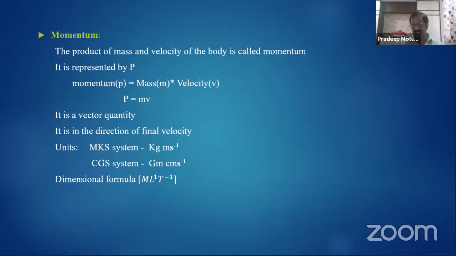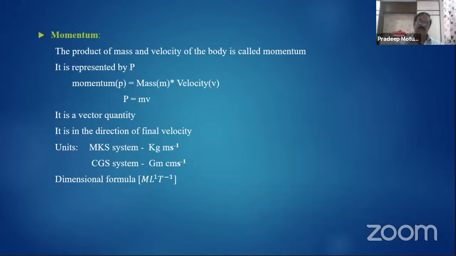Just as I told you, if the body is in motion you can say it has linear momentum. If a body is in circular motion, you can say it has angular momentum.